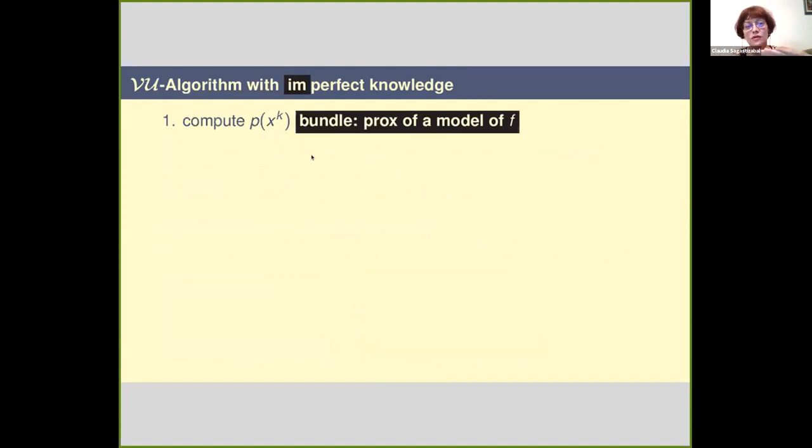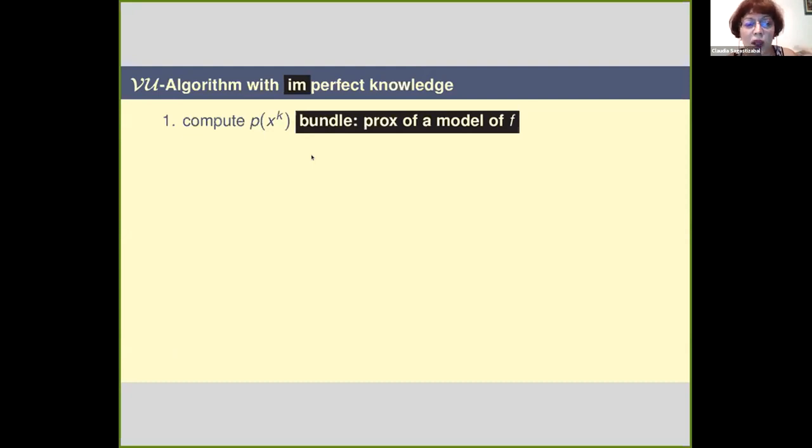What we will do is, instead of computing the proximal point of the function, we will compute the proximal point of a model that will be built with linearizations obtained by calling the black box at past iterates. This is one possibility. There are other possibilities depending on the structure that we know of the problem, as I was saying yesterday, different types of black boxes. But well, we have a model of the function. We don't have the function.